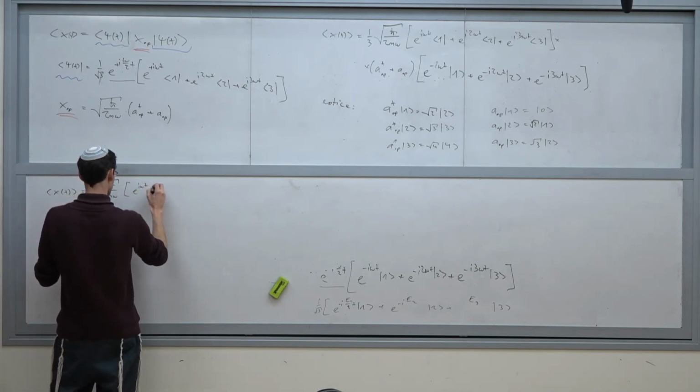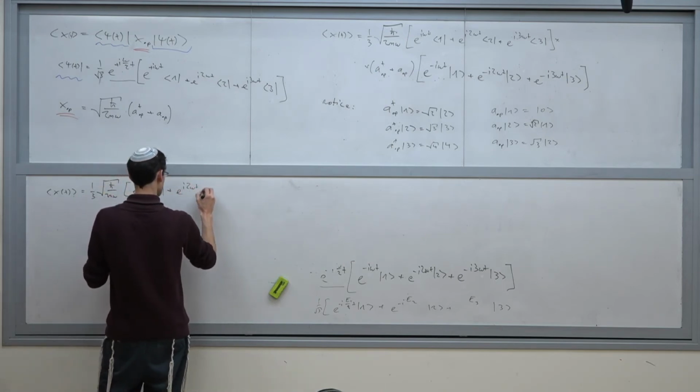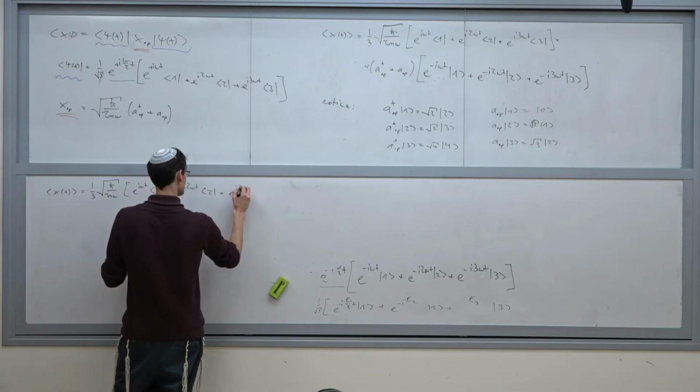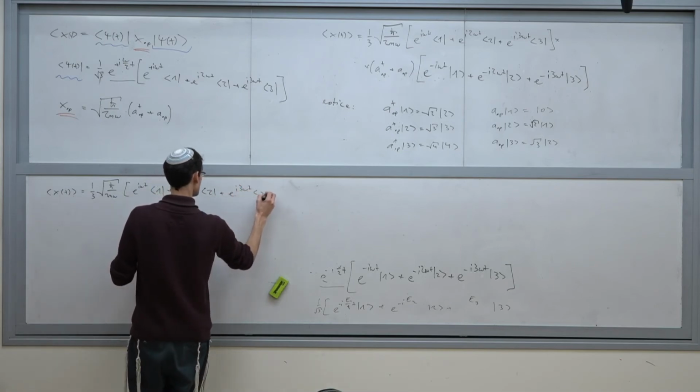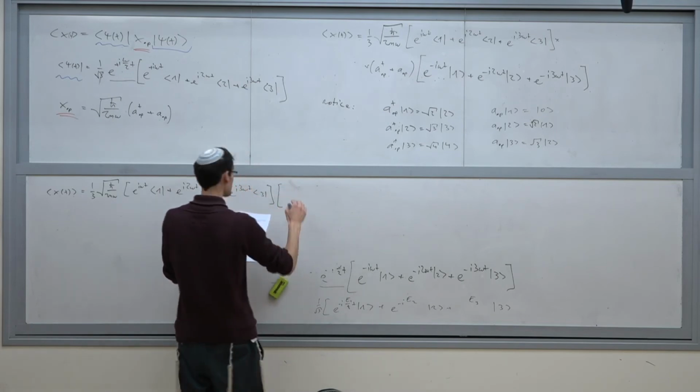So I'll just write down again the first half. Now this is multiplied by.